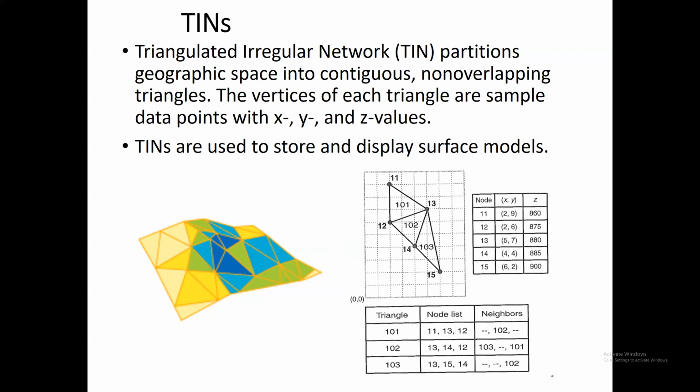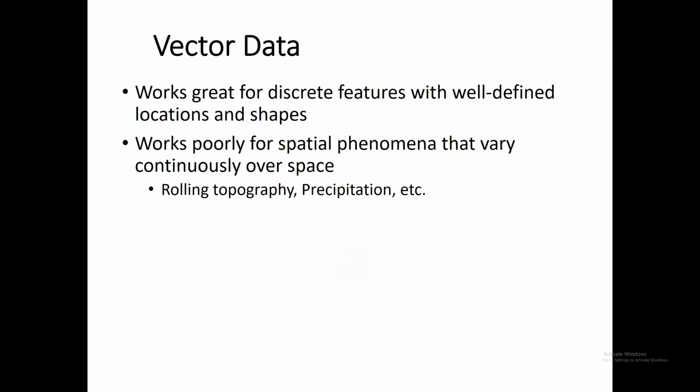One way to do that is using a triangulated irregular network. You've got points, and then you interpolate surfaces across those points in a series of triangles. It's a very efficient way of generating surfaces.